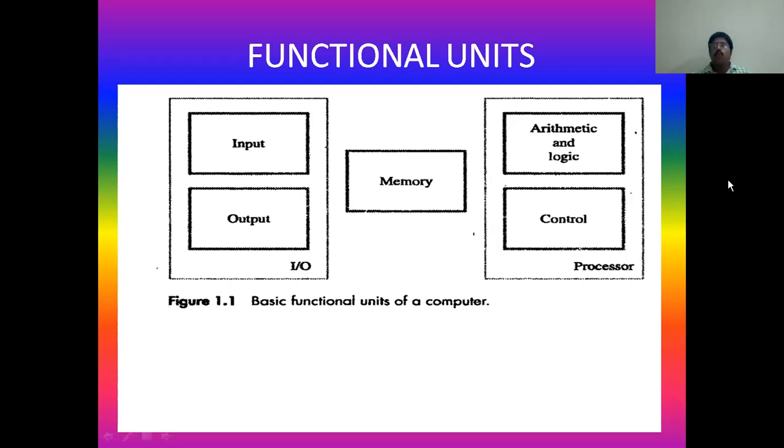Those two values will be provided from the memory, and once you perform an operation, you will get some result. The result will be stored in the memory. It may be stored in a register or whatever it may be, but finally it will be stored in the memory. So that is the purpose of memory.